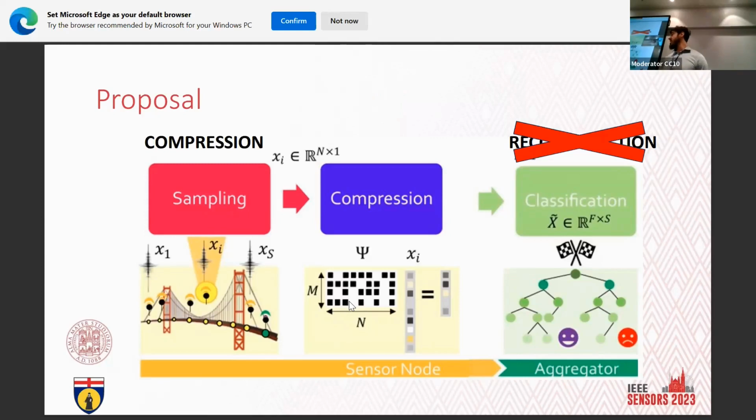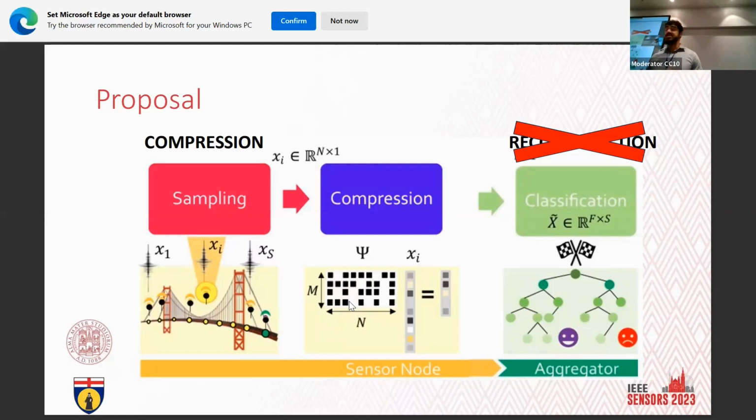In this work, instead, we try a little bit of a different approach. We decided to avoid reconstruction. The idea is very simple. If the compressed coefficients contain all the information about the original data, then the machine learning algorithm can use the information in this domain. It is not so easy to be interpreted by a human user, but the amount of information is the same.